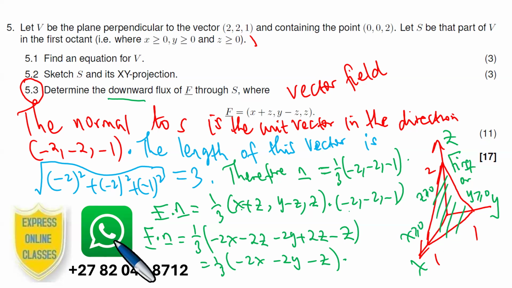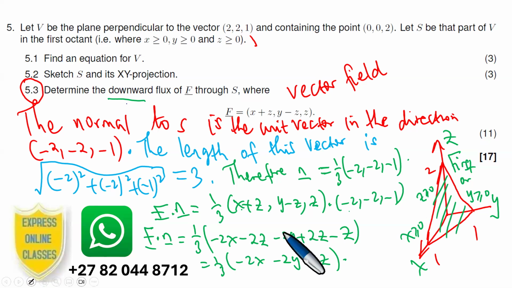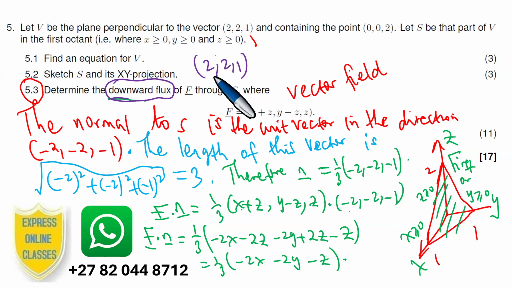But you need to think about this and realize that if we're speaking about the word downward flux, you need a vector that's going to point down. So if you look at the vector 2, 2, 1, x, y, z, you have x is 2, y is 2, z is 1.